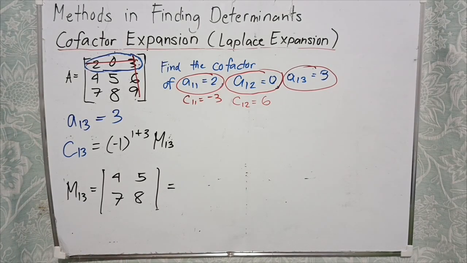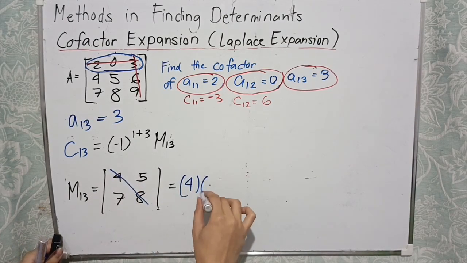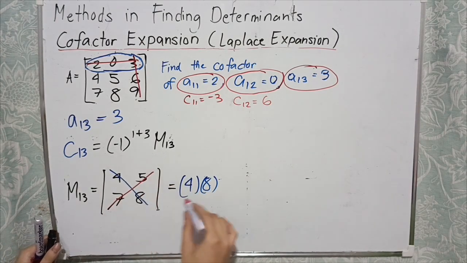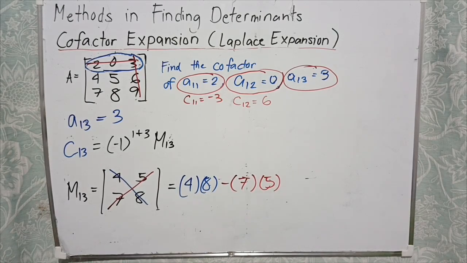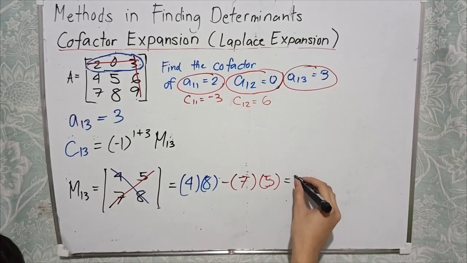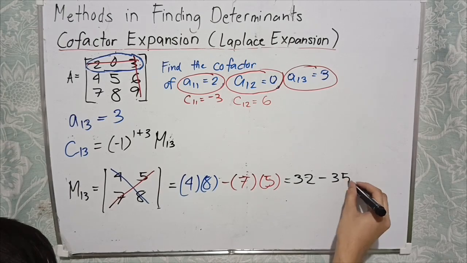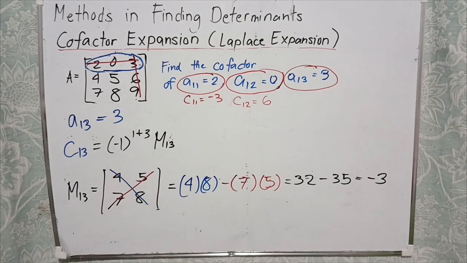So we need to get the product of these elements, 4 times 8, and subtract this product, 7 times 5. 4 times 8 is 32, and 7 times 5 is 35. So the answer here is negative 3. So the determinant, or our minor M13, is negative 3.